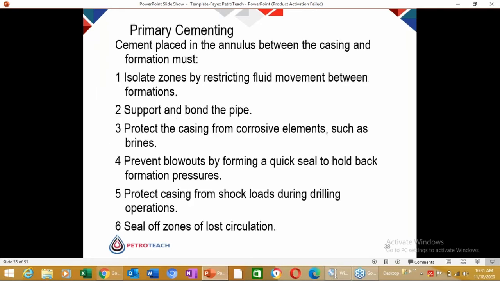Primary cement, as we mentioned, is very important in our well integrity.